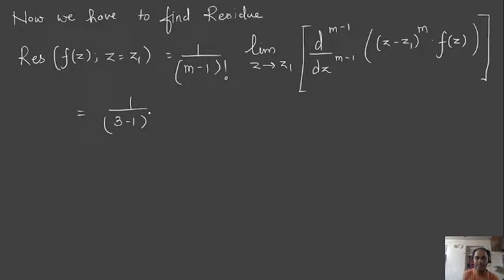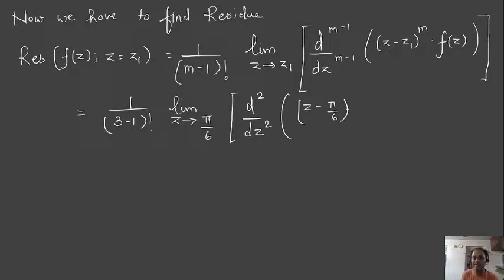I'll write all the steps so that those of you writing step by step get to know what all things are there. Here we go limit z tending to pi by 6, take the double derivative of the function (z minus pi by 6) whole raised to 3 times f of z.